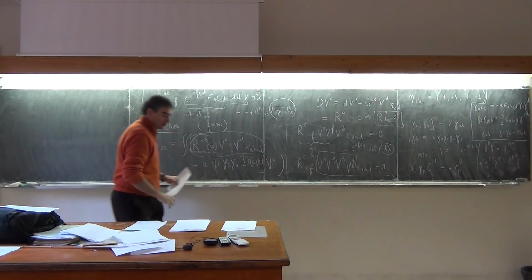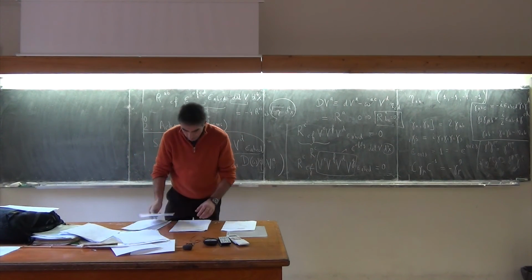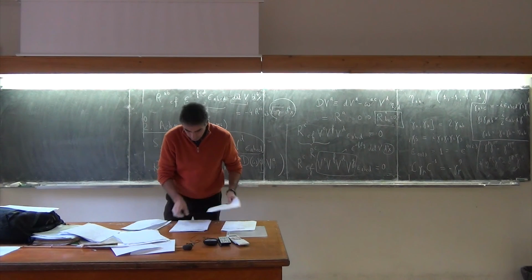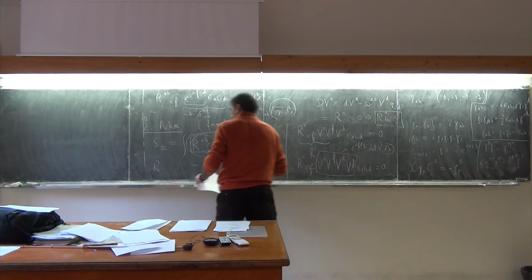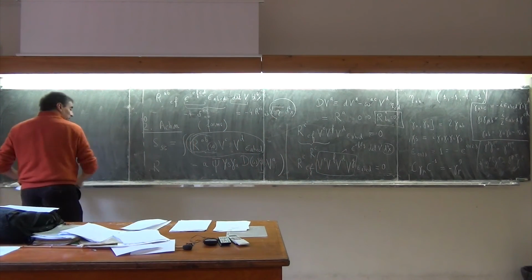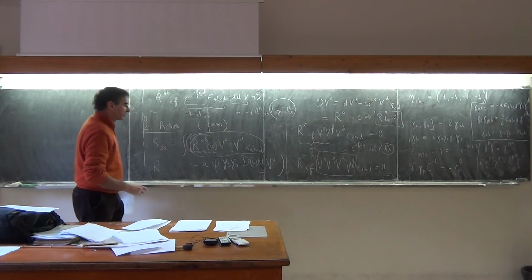And now this is a rather standard procedure. It is a rather standard procedure that I will record once for all, and then I will apply it also to the case with non-vanishing psi.